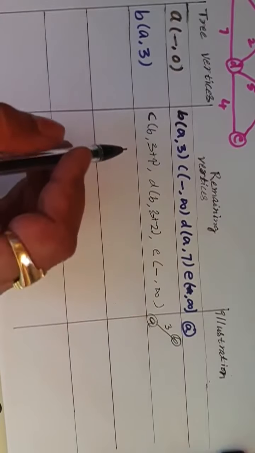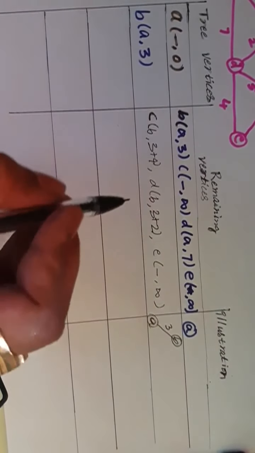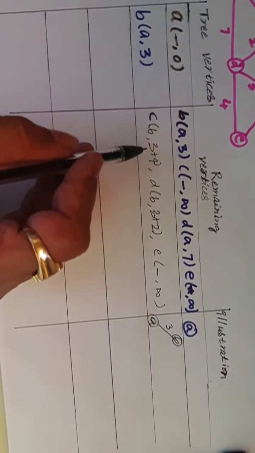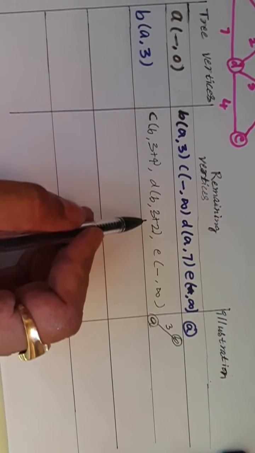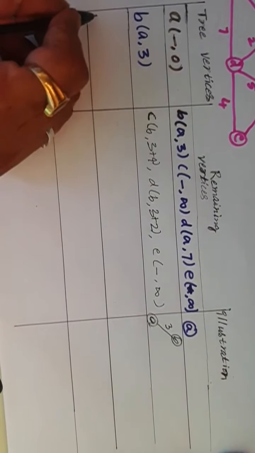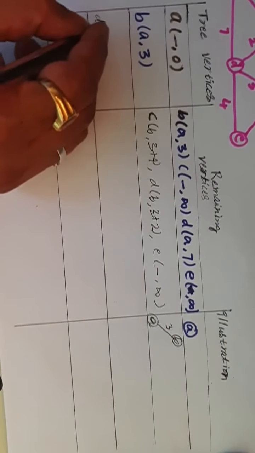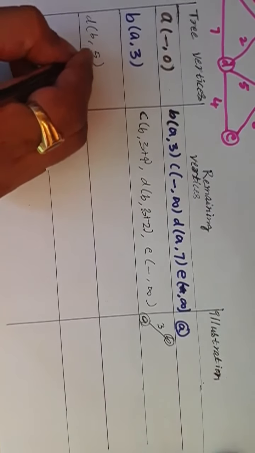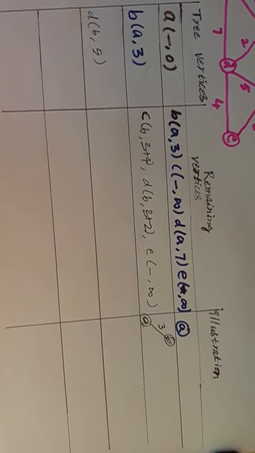Now from the remaining vertices, select the vertex with the least cost. Here c cost is 7, d cost is 5. So I am going to select d: d of b comma 5 is selected.